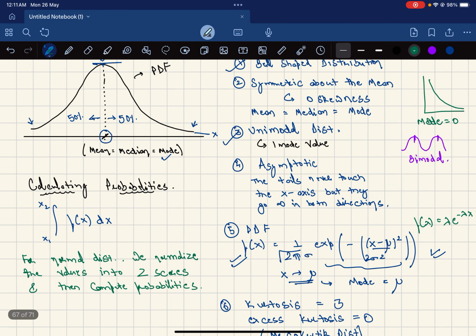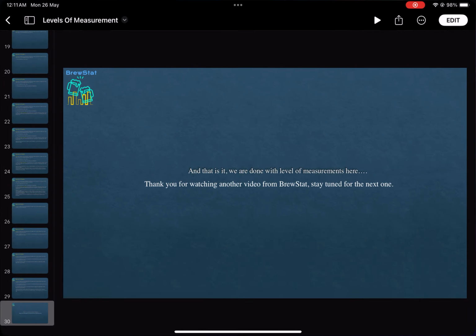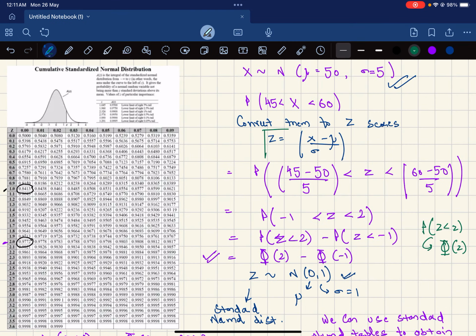Then we looked at how we can calculate the probabilities for a normal distribution. What we do is we basically convert the distribution value, for example x, a normally distributed variable, into z values using the z scores, computed as x minus mu divided by sigma, where mu is the mean and sigma is the standard deviation of the distribution.